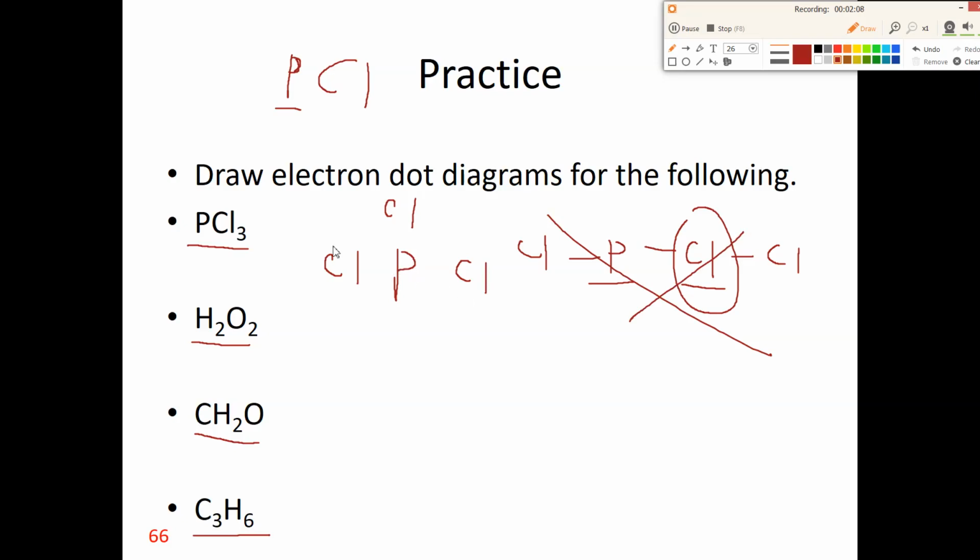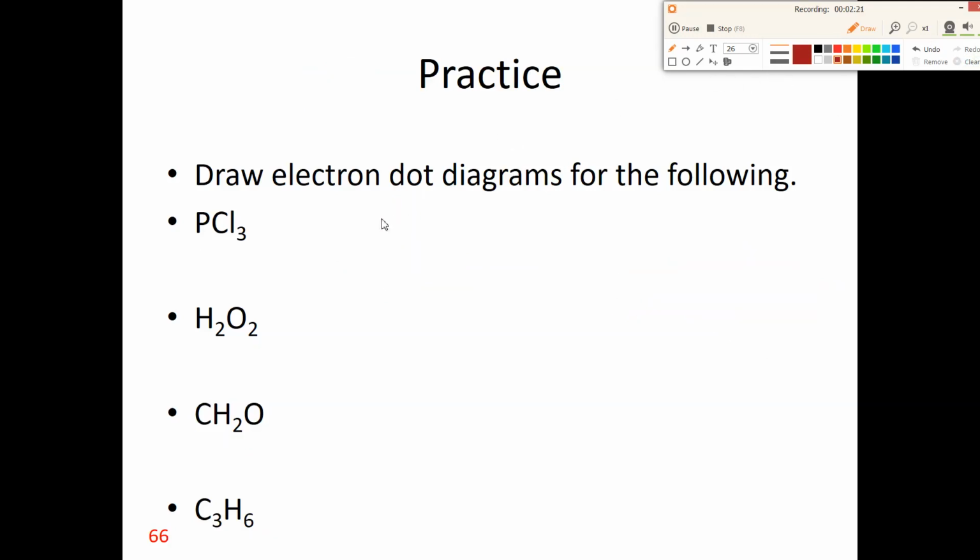Central is at the center, that's why it's called central, and terminal atoms are going to be around the central atom. So it's going to be 3D, not linear. In this case, phosphorus is central and the chlorines are the terminal atoms. So the layout is going to be something like that.